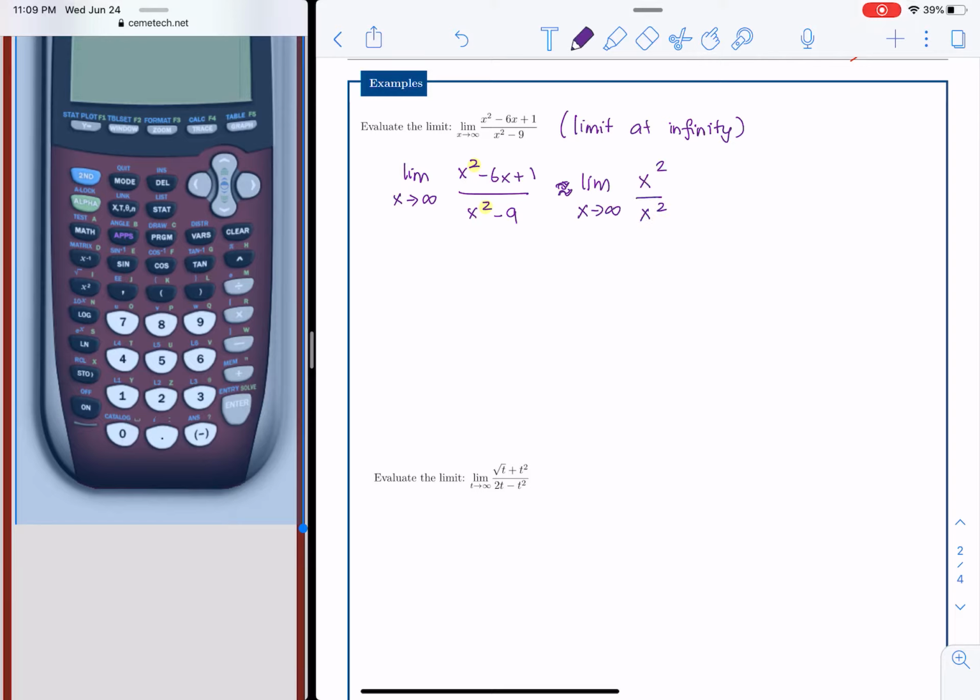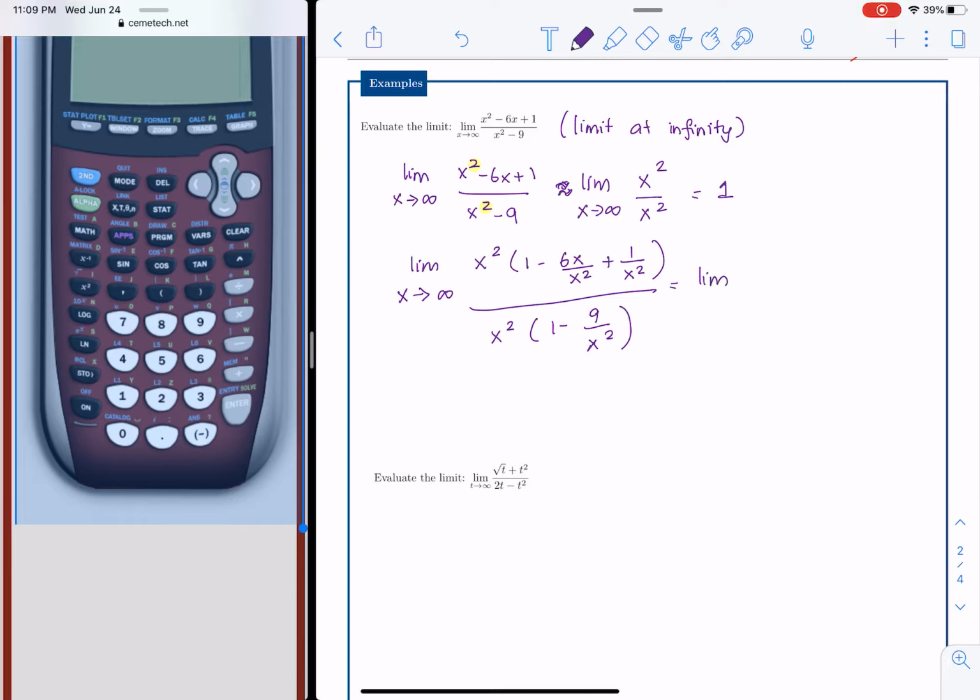The rest don't matter. So that would give us 1. Another way of looking at it, if you pull x squared out of the numerator, we have 1 minus 6 over x plus 1 over x squared, divided by x squared times 1 minus 9 over x squared.